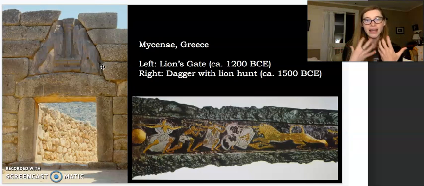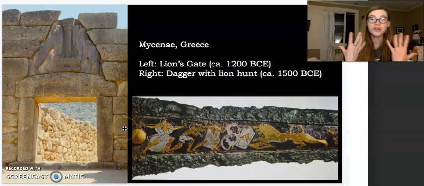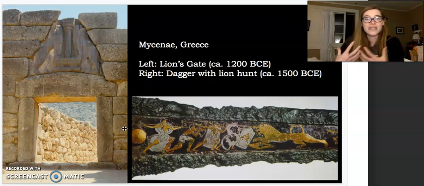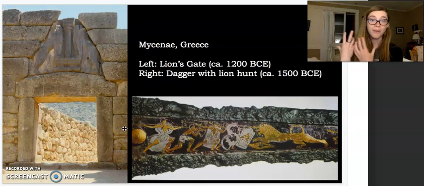So we have the lions as a symbol of strength, stability, potency, as well as this earlier dagger with a lion hunt, which shows human abilities to conquer even the fiercest beasts of nature. So again, emphasizing the ability of humans to actually control the natural world and harness its power to protect themselves and become a powerful culture on their own.